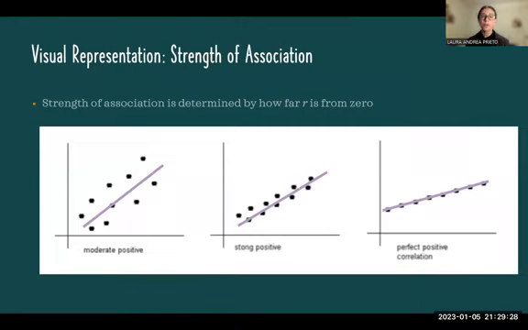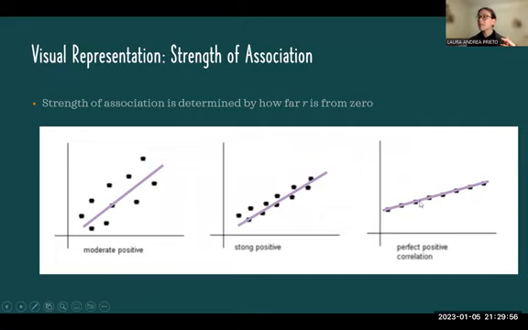When we're thinking about visual representation, we're also thinking about the strength of the association. So how related are these variables? And we really think about how far R is from 0, if we're looking just at the correlation coefficient. When we're looking at the visual representation, I like to look at how close all the points are to fitting on the line.